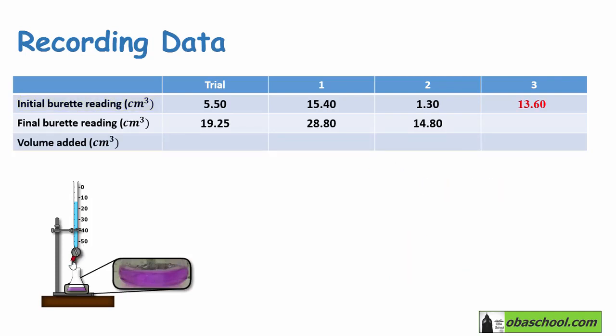We are adding acid to the alkali. The color is pink at the beginning. As more acid is added, the color will become colorless.